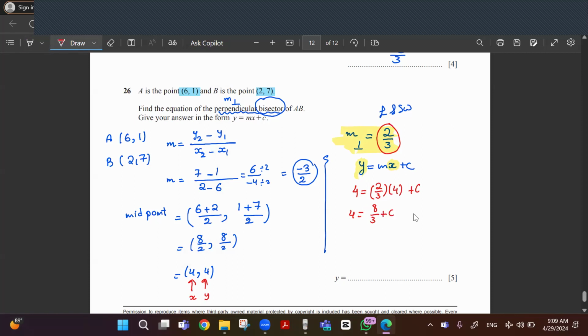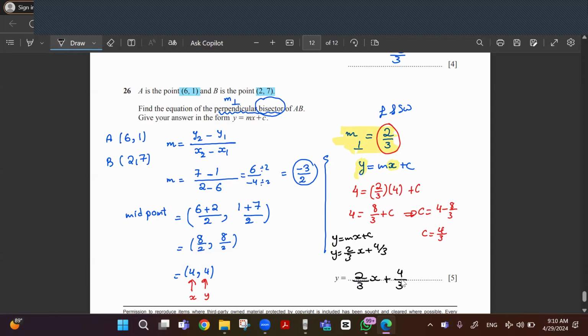Send this to the other side. So c equals 4 minus 8 over 3, so c will be equal to 4 over 3. So back to the question, where we write y equals mx plus c: y equals 2 over 3 x plus 4 over 3.